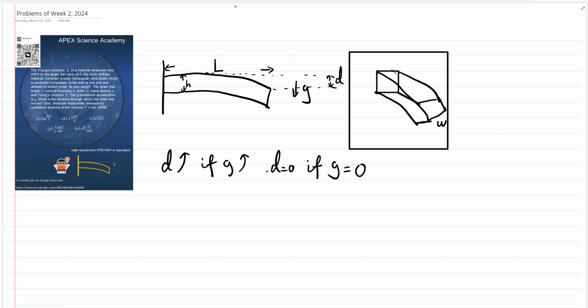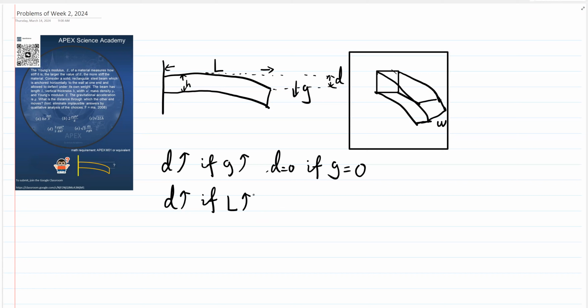You should see that the longer the branches, the more deflection they have. So we should also expect D to increase if L increases. That's the second idea that you can get without doing any calculation, just common sense from daily observations.